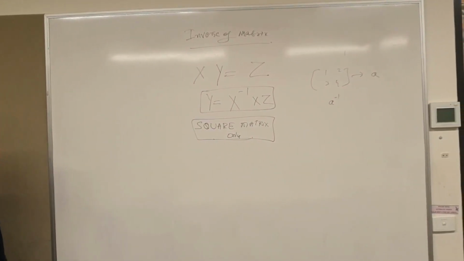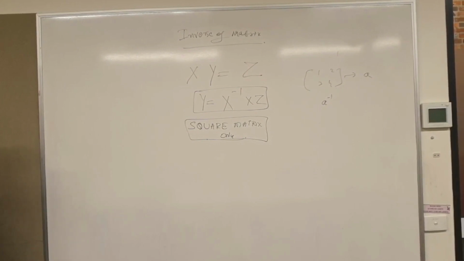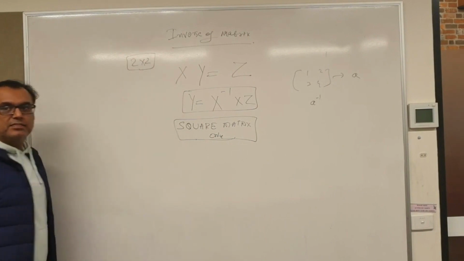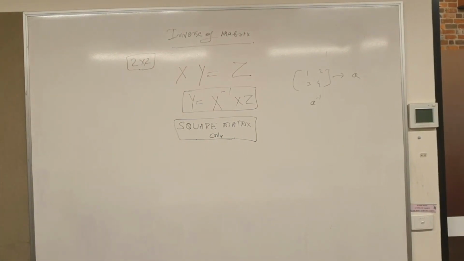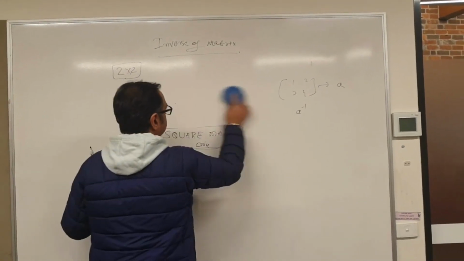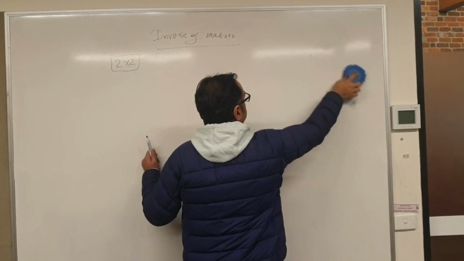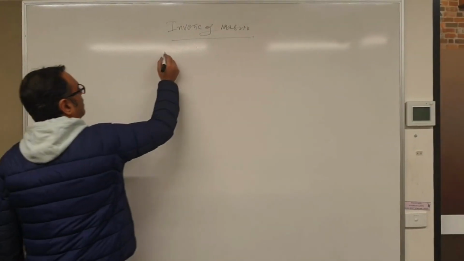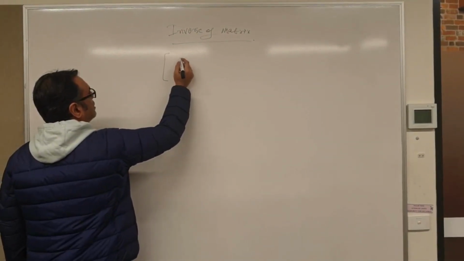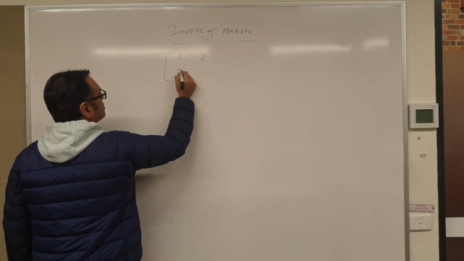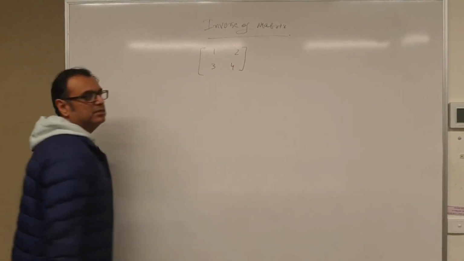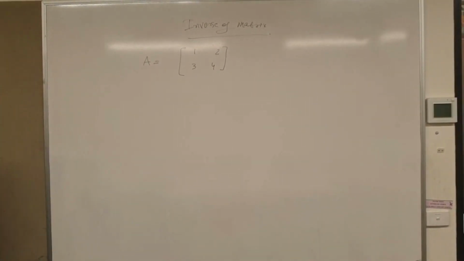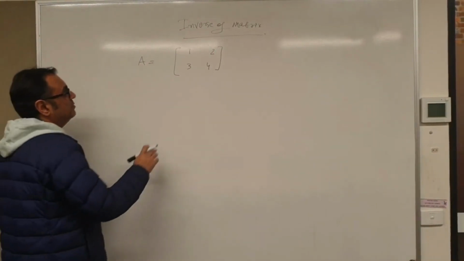Now, let's try to find the inverse of a 2 cross 2 matrix by hand without CAS. There are a few steps behind it. Let's say I have the matrix 1, 2, 3, 4. Very basic matrix. And let's say this is matrix A. If you want to note down the steps, feel free.